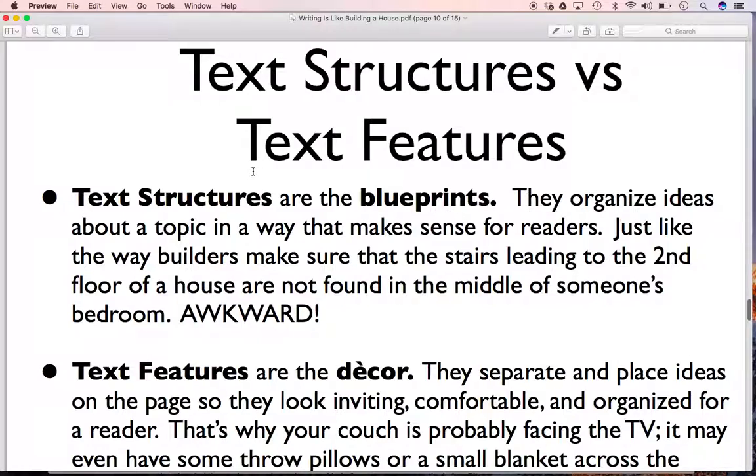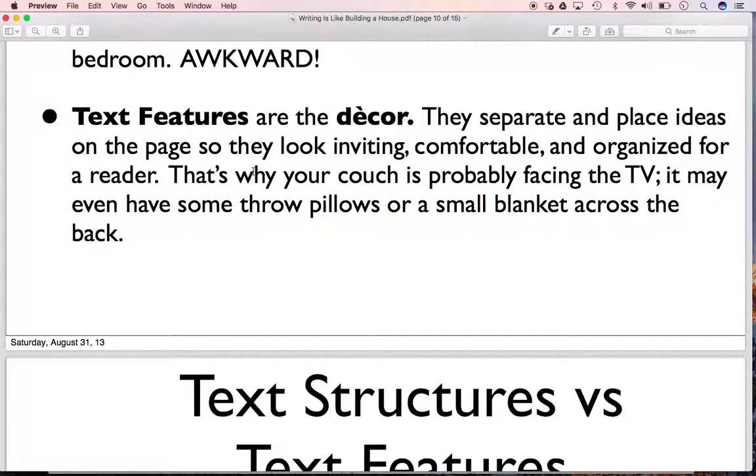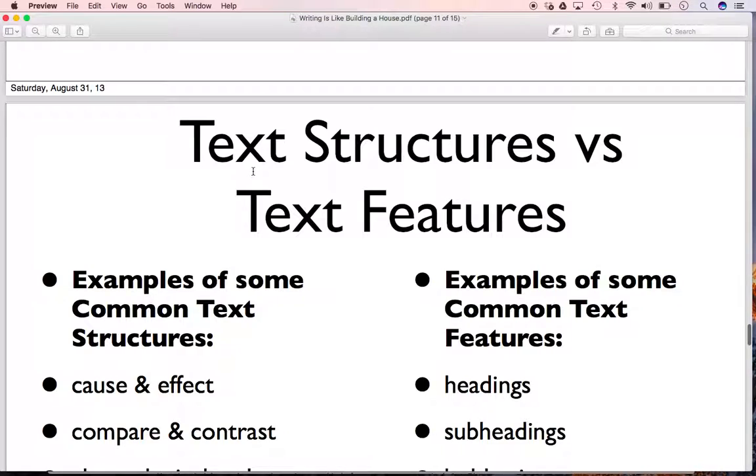Text features are the decor or decorations. They separate the place ideas on the page so that they look inviting, comfortable, and organized for a reader. And that's why your couch is probably facing the TV. It may even have some throw pillows or a small blanket across the back.